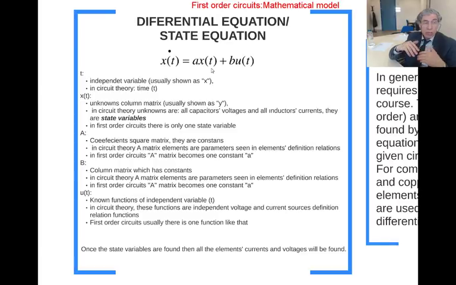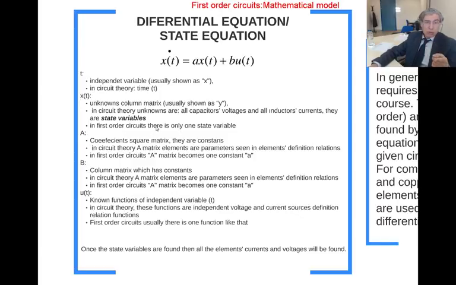There is no other state variable. So in the state equations we are going to see only the state variables, which are inductor currents and capacitor voltages. For example, it cannot be capacitor current or inductor voltage, which are the other variables that we are going to use.